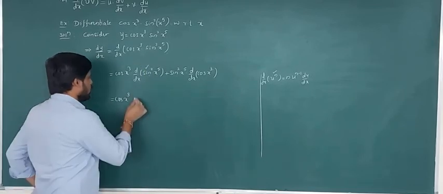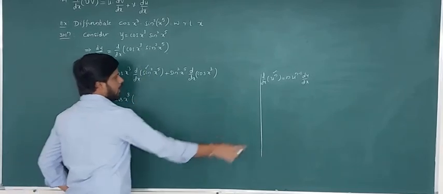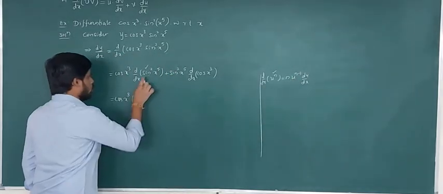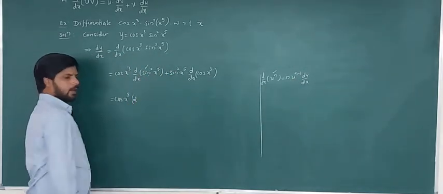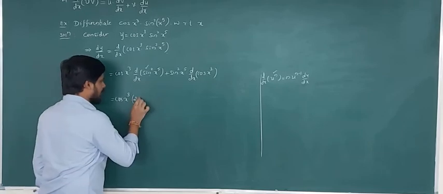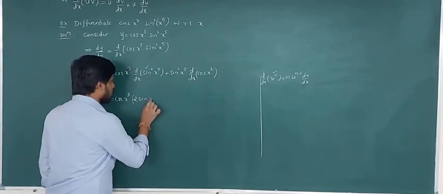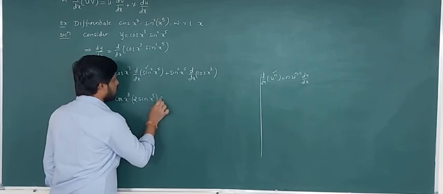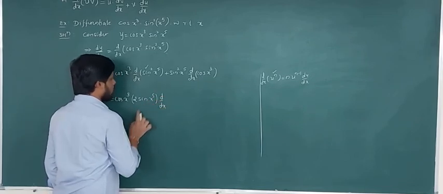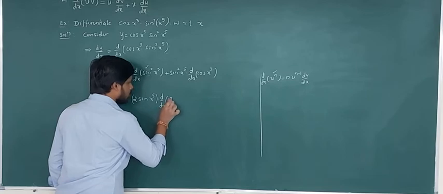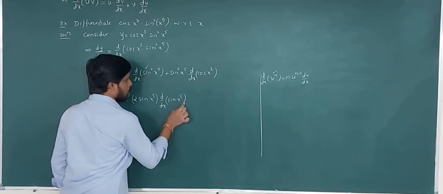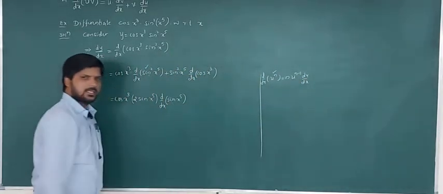So differentiating this one, n into u to the power n minus 1: 2 into sin, 2 minus 1 is 1, so sin x to the power 5 into d by dx of our u, which is sin x to the power 5, because du by dx is there.